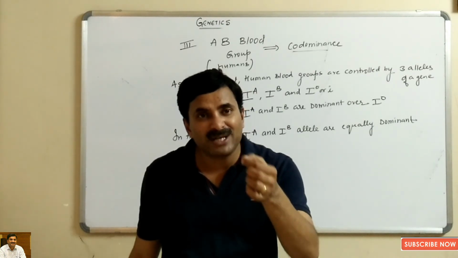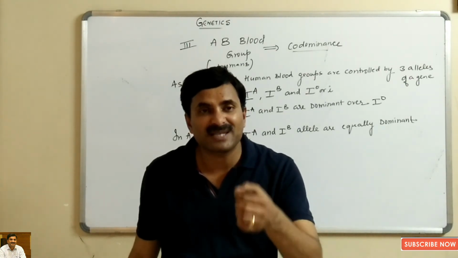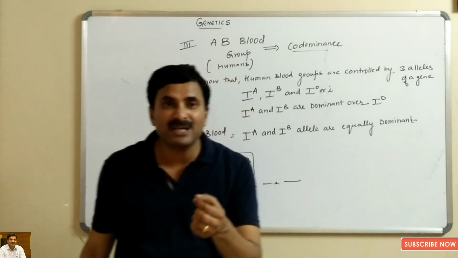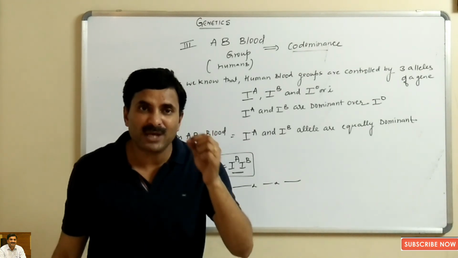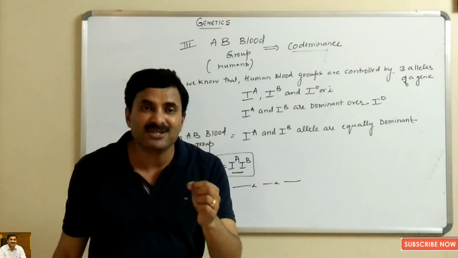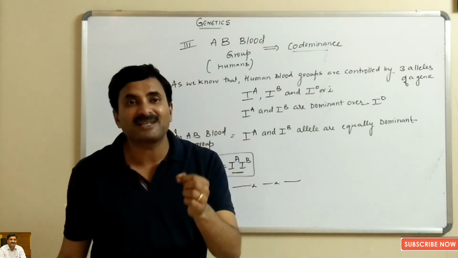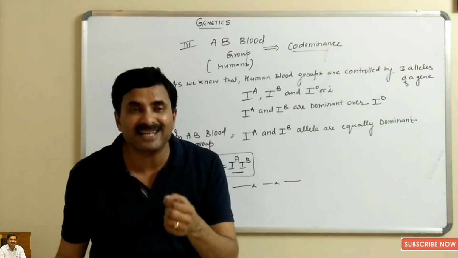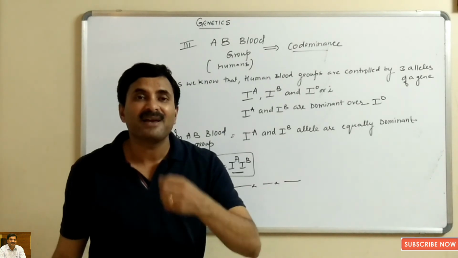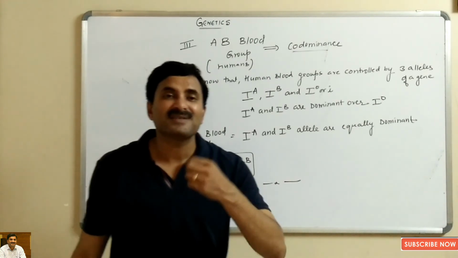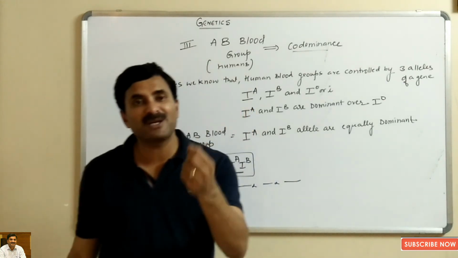In incomplete dominance, the dominant allele is incompletely dominant over the recessive allele, while in codominance, in the F1 generation, that is in the heterozygote, neither a dominant recessive relationship nor an intermediate condition is seen. Rather, a new type of inheritance is seen, where both the genes are expressed together simultaneously in the F1 generation.